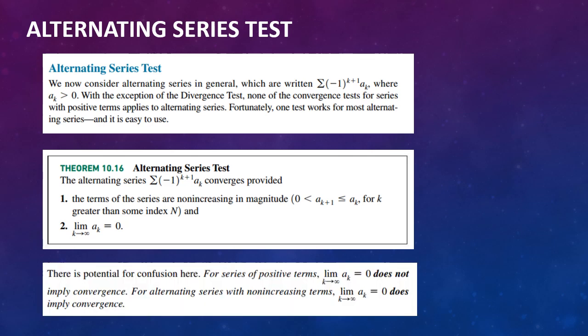There is some potential for confusion here. For series of positive terms, the limit as k goes to infinity of a sub k equals 0 does not imply convergence. For alternating series with non-increasing terms, this does imply convergence.